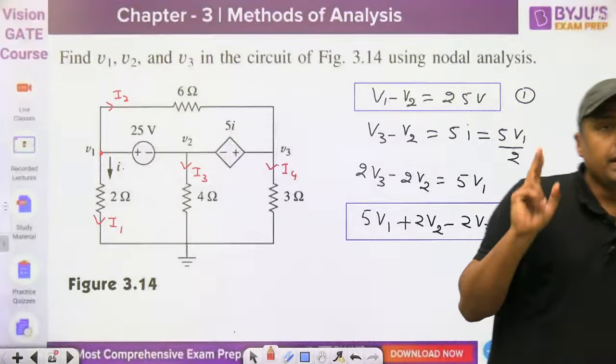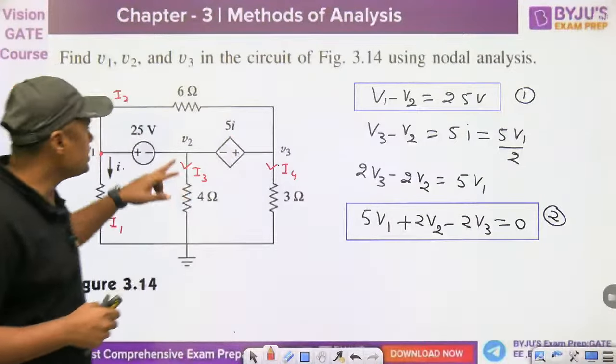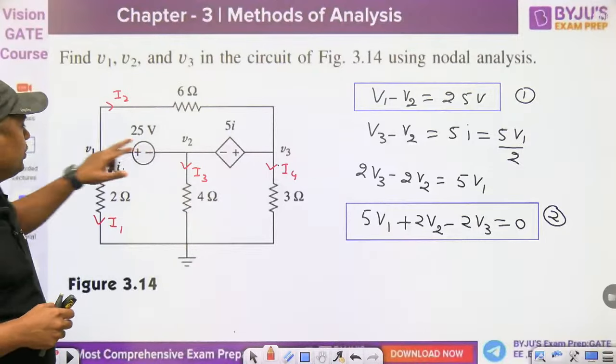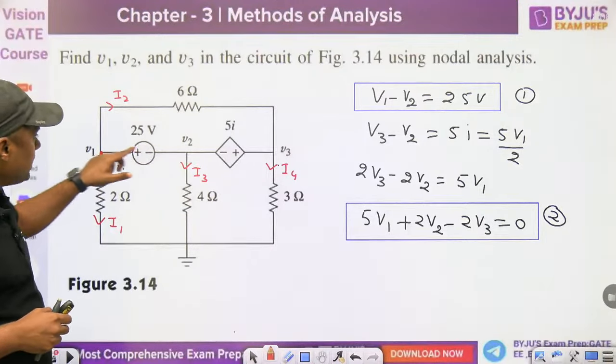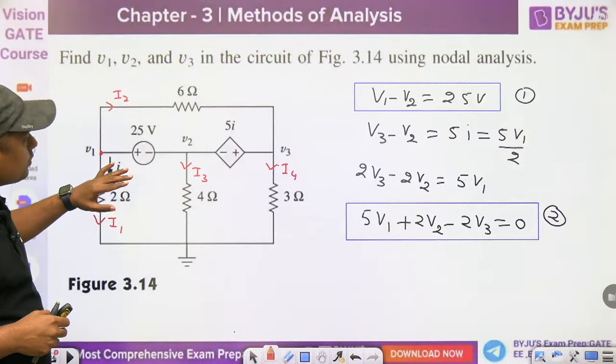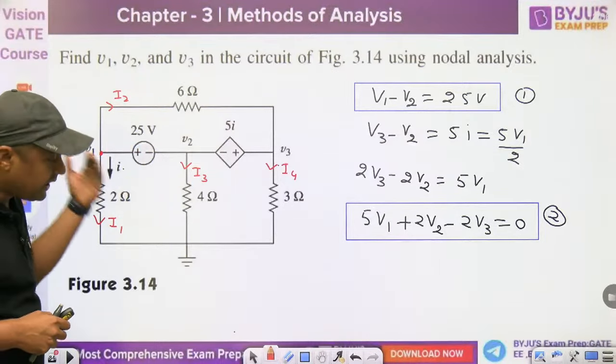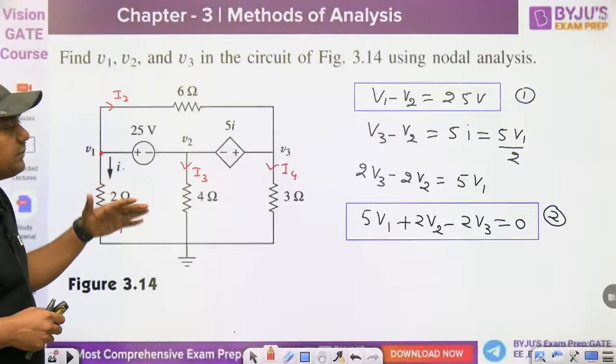If we have the relation between these two, V2 and V1, then we can apply the supernode between these two first of all. This question is very, very important. Try it. If you find any difficulty, then please inform me.